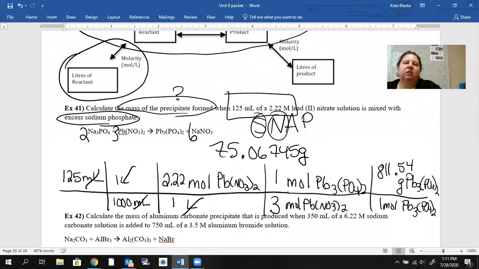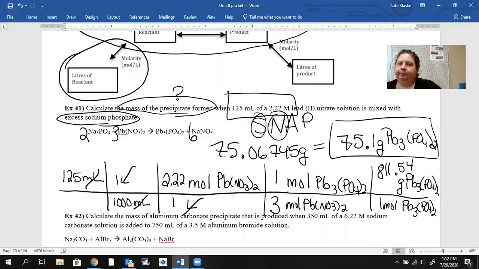If I look at my sig figs, I've got 2 given values, 125 and 2.22. Both of those have 3 sig figs in them, so I need to keep 3 sig figs in my answer. So this would round to 75.1 grams of my lead phosphate. So it's still stoichiometry, we've just got a slightly different way of figuring out those moles at the beginning.